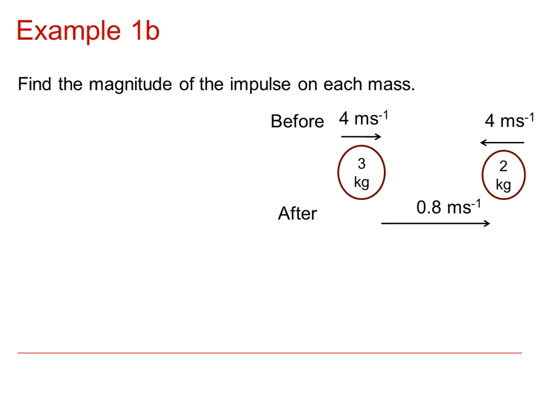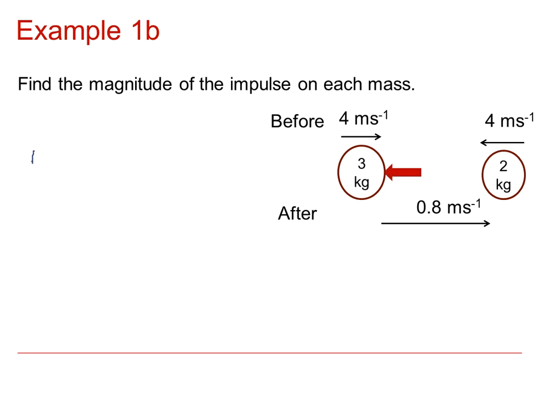In the second part of the question, we're asked to find the magnitude of the impulse on each of the masses. Now the impulses, of course, are going to be equal and opposite, so let's consider the impulse on the 3 kilogram mass.